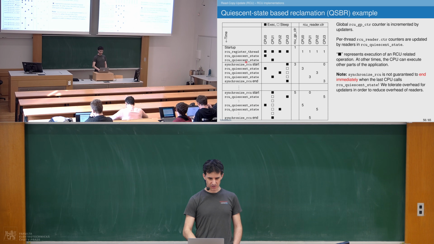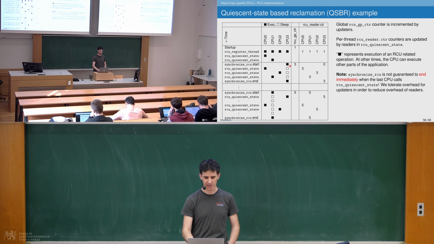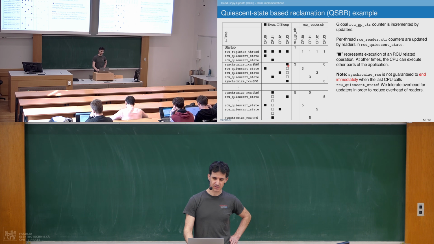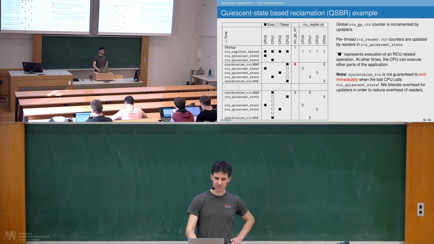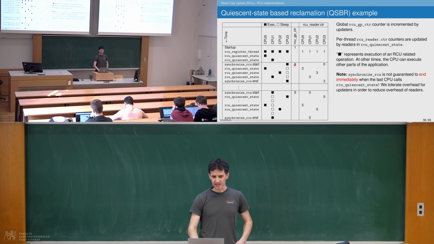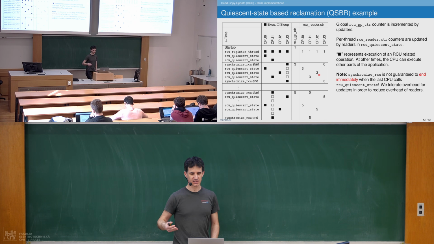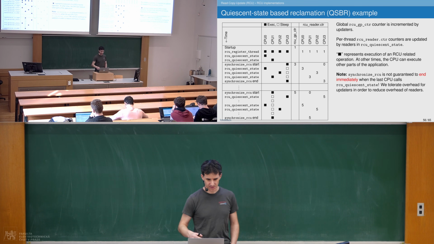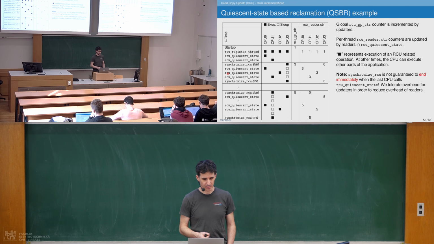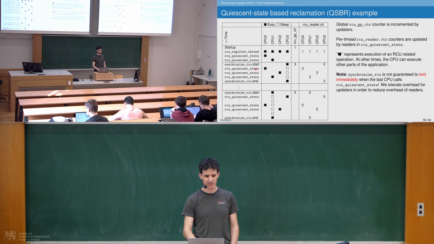So imagine that you call synchronize RCU here, and what it does. It increments this grace period counter to value number 3, and basically then it waits until all other threads go through the quiescent state. All other threads in quiescent state should call the RCU quiescent state function.